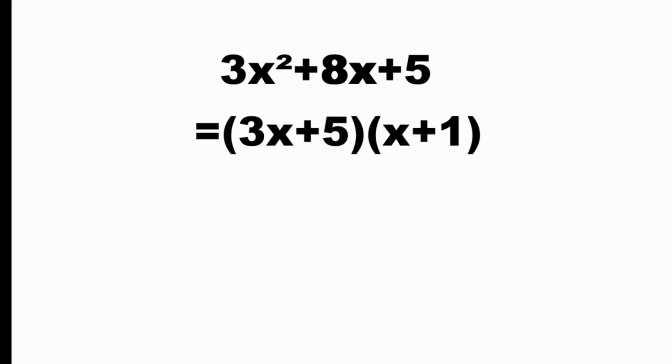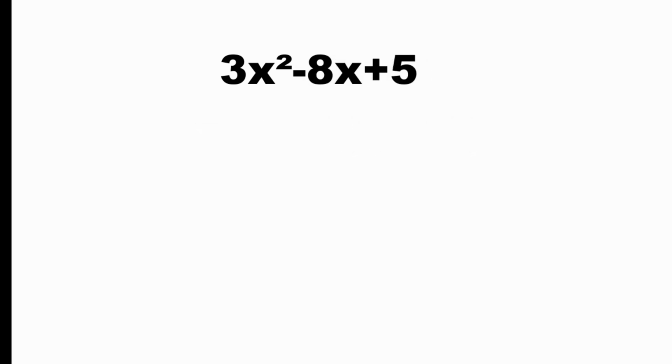And if the middle term is negative, we have 3x² minus 8x plus 5. The same factors for 3x², 3x times x, but since the middle term is negative, we take the factors of 5 as negative 5 times negative 1.